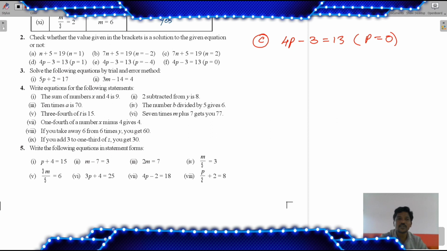Solution: consider LHS, 4p minus 3. We need to substitute the p value as 0, that is 4 of 0 minus 3. 4 into 0 is 0, minus 3. So the answer is minus 3 only.